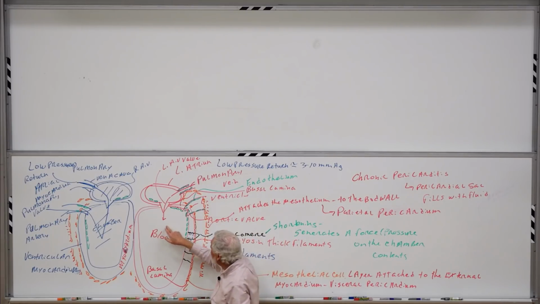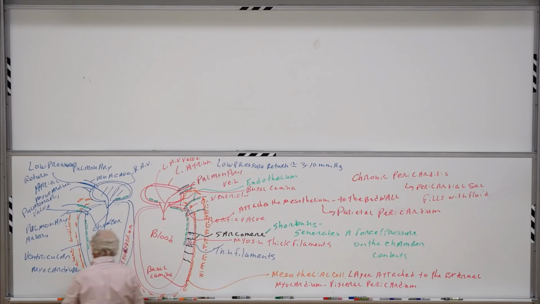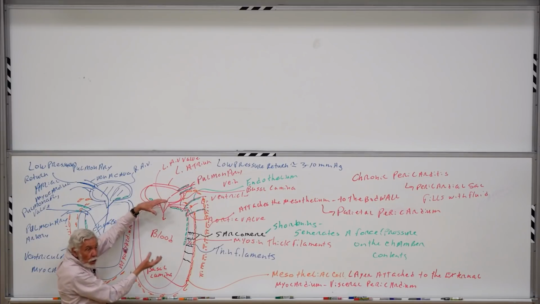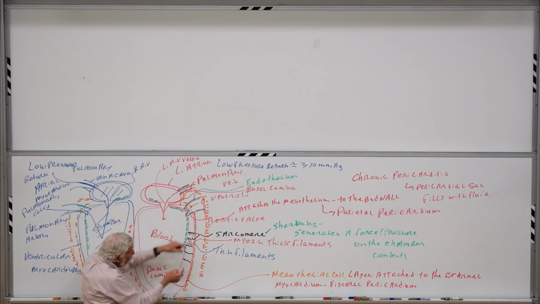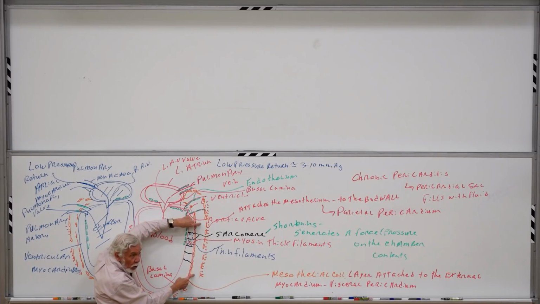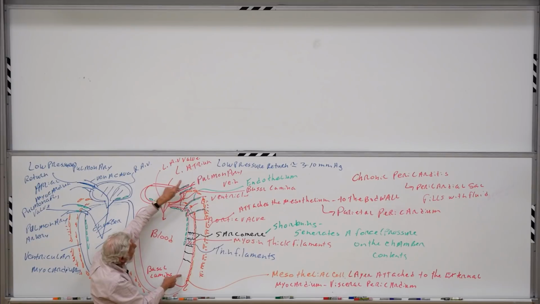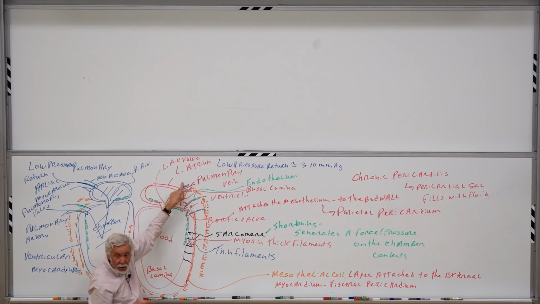We'll see the pressure that's generated on the aortic side, particularly, will be over 100 millimeters of mercury when we eject the blood from the heart. So this is a low pressure return. The importance of that is that if we have a low pressure return, bringing the fluid into these chambers, and simultaneously we begin to fill this bag, the pericardial sac, with fluid, because it's a confined space, we can get concentrations of fluid in here so high that we now begin to generate pressures on the outside wall of the heart that are comparable to 3 to 10 millimeters of mercury.